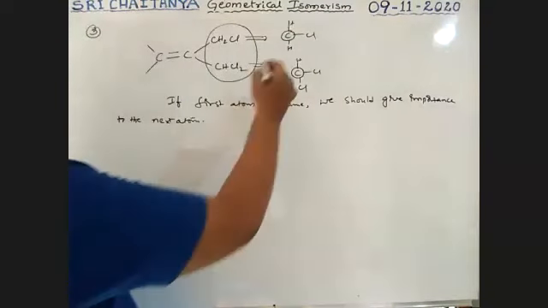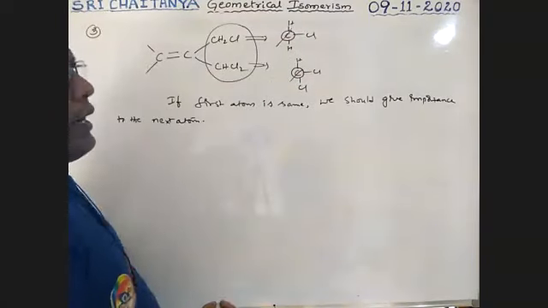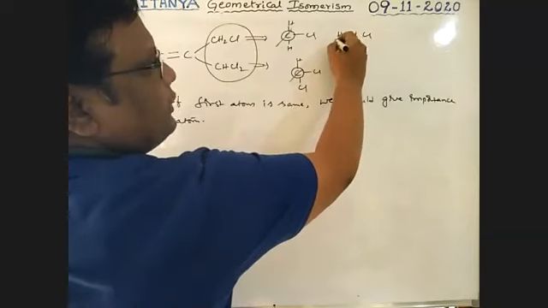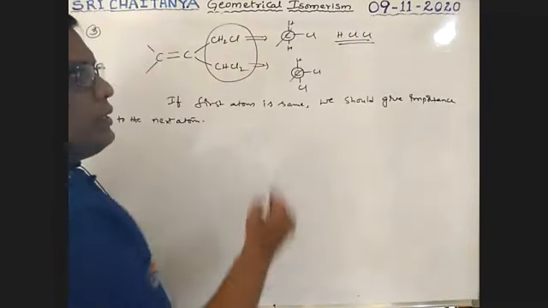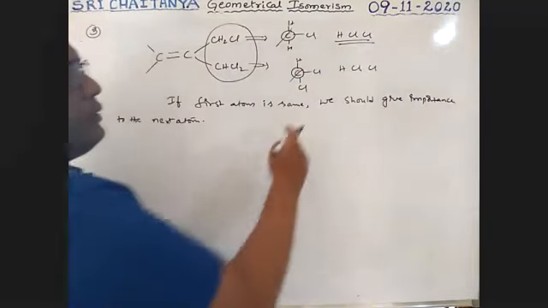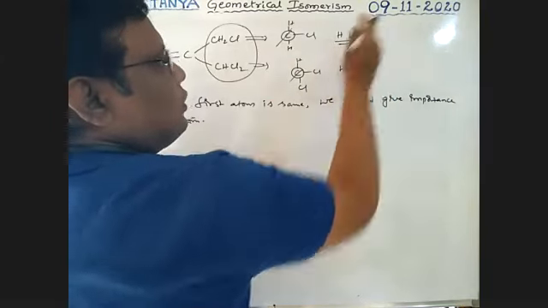See here, the first atom is the same, so it is not possible to decide. This carbon is attached with hydrogen, chlorine, chlorine, and this one is attached with two hydrogens, chlorine.